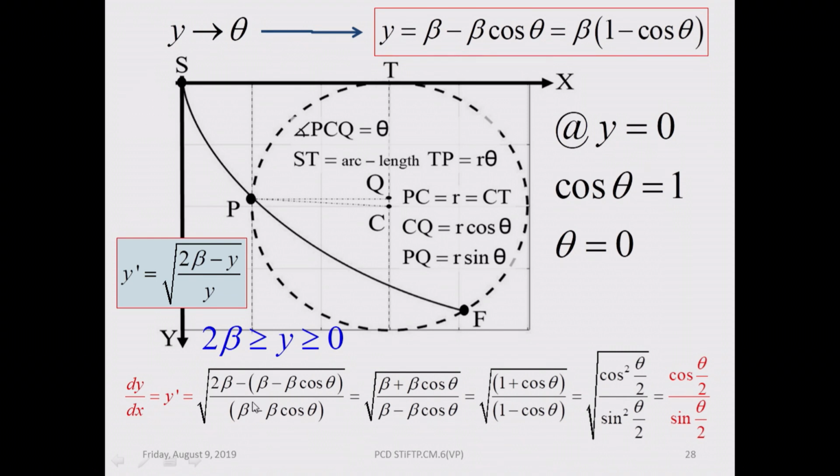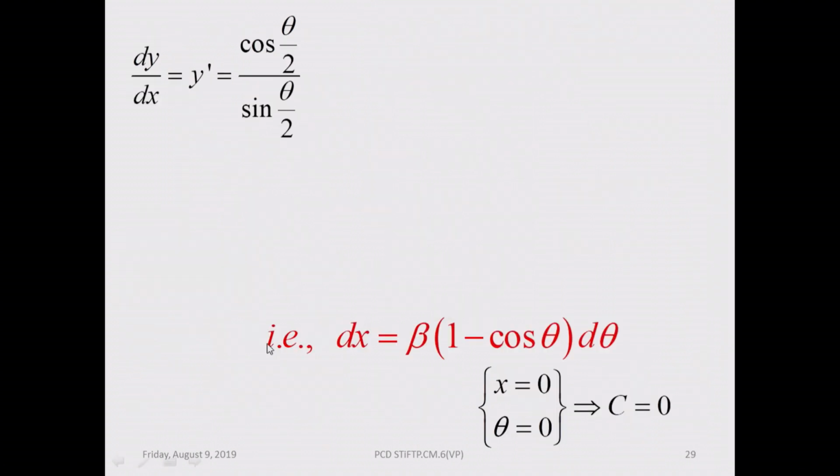So you get 2 beta, you're taking the derivative, right? So you get 2 beta, and this is a very simple manipulation of this. You write these functions not in terms of theta, but using trigonometric identities. You can write it in terms of theta by 2, and you get this relationship which I bring to the top of this slide, and you have dy by dx, which is y prime, equal to the ratio.